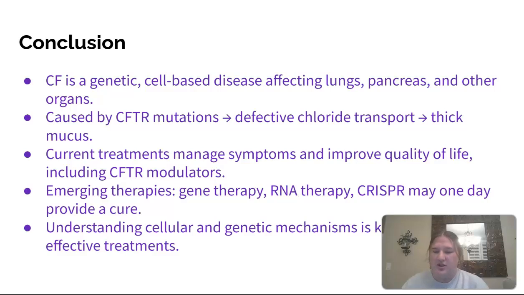Hopefully CRISPR could change the DNA like we talked about. And understanding cellular and genetic mechanisms is key to developing effective treatments, especially because this disease has so many different variations in the mutations that cause it. It's really key to understanding all those different mutations and how to target each one differently to cure the disease.